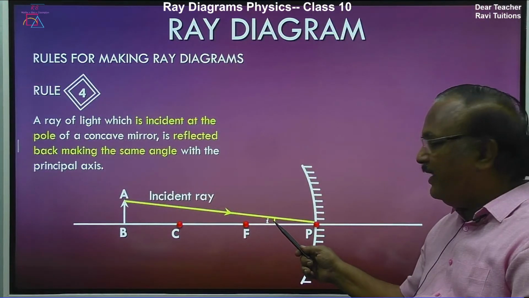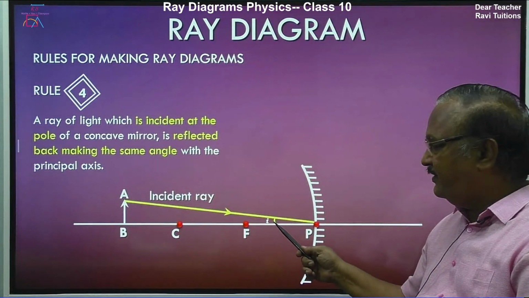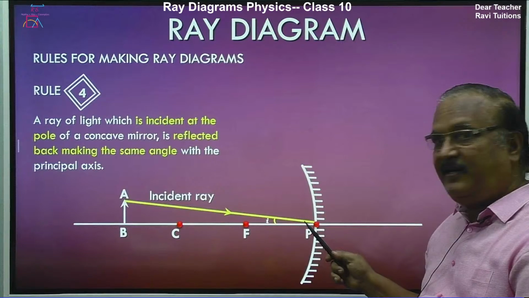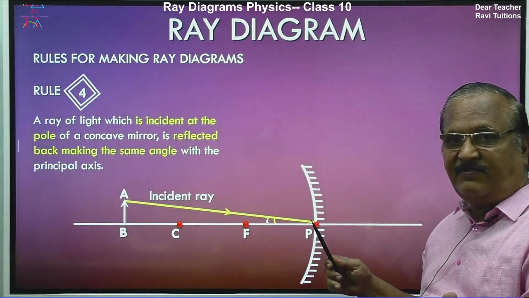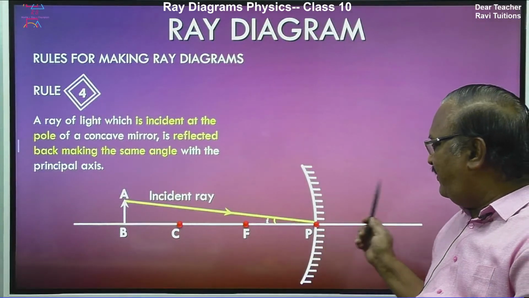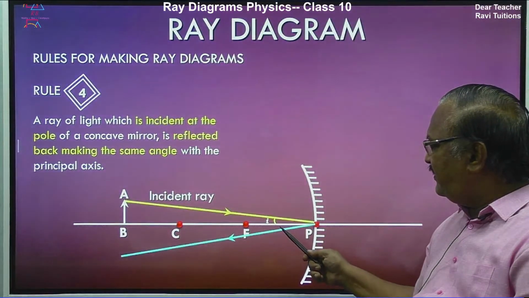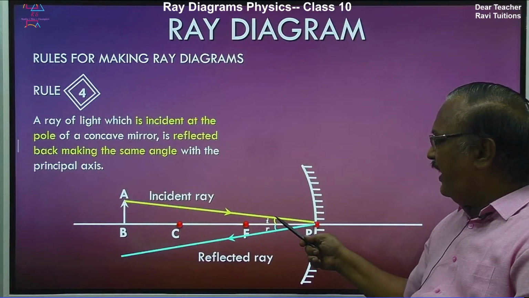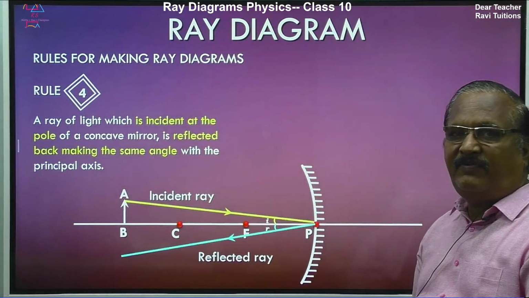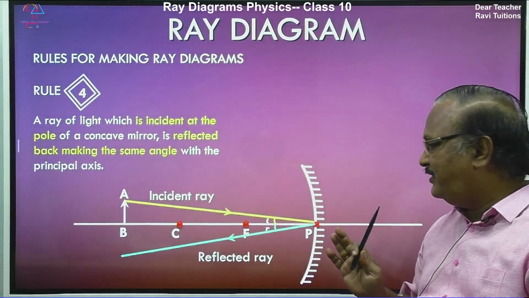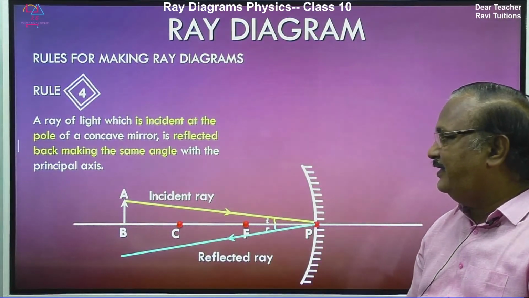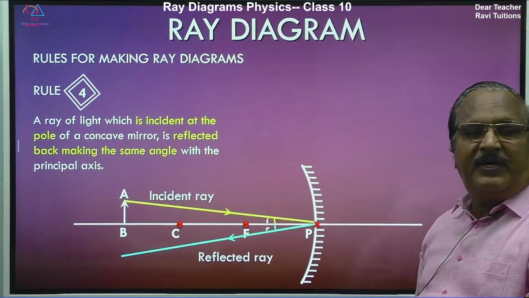Again here the angle of incidence will be there, right? And it follows the first law of reflection. So the angle of incidence is equal to the angle of reflection, like a normal light ray on a plane mirror, it reflects. So these four rays you have to draw.